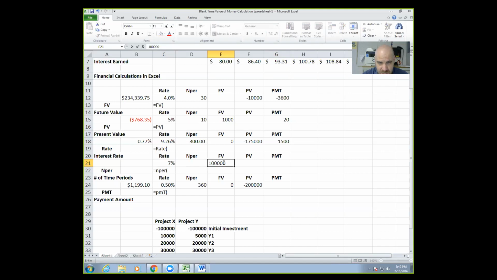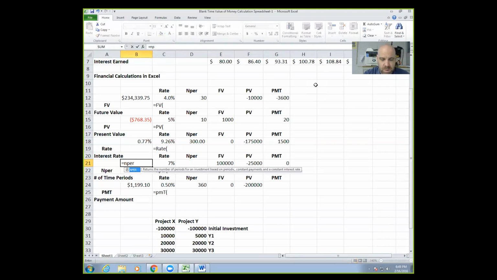That's what we want to be able to take away from this. Present value is what we have to contribute, which is the 25,000. Negative 25,000. And there is no payment here. We're going to assume we just plunk in $25,000 right now, and it earns 7%. How long will it take to get to $100,000?